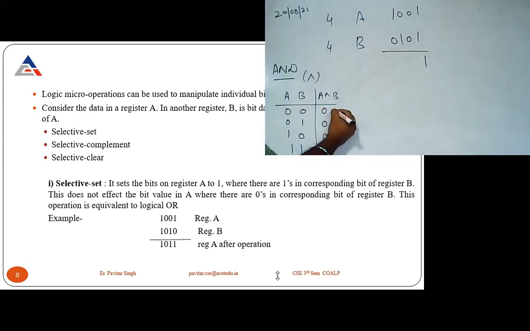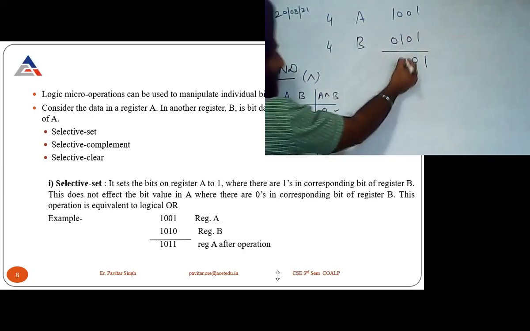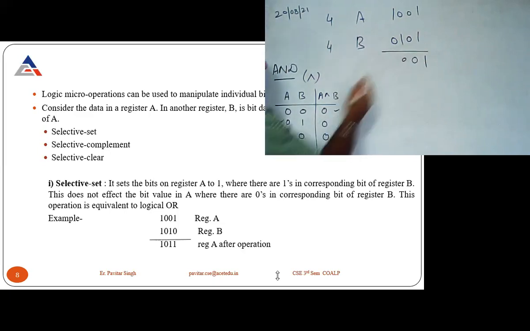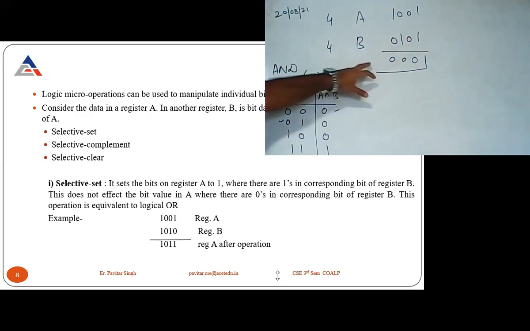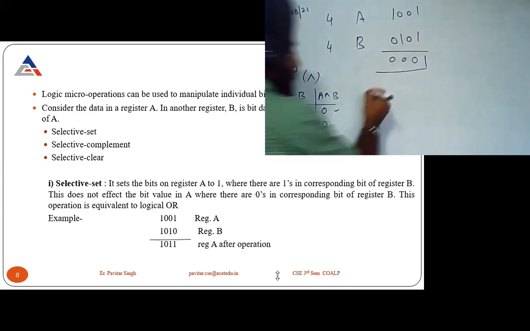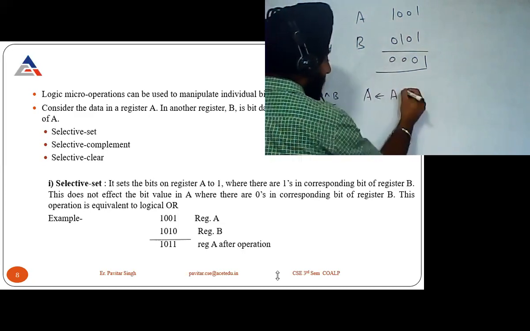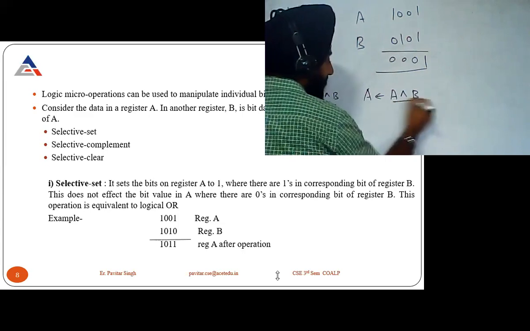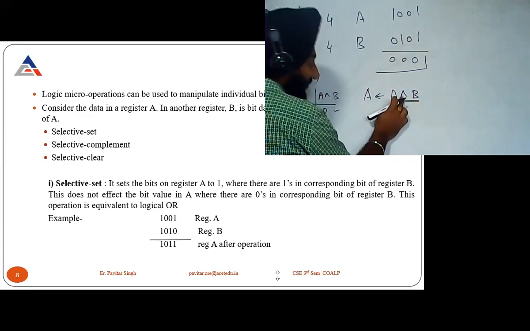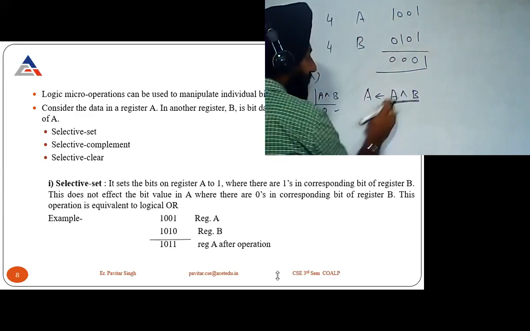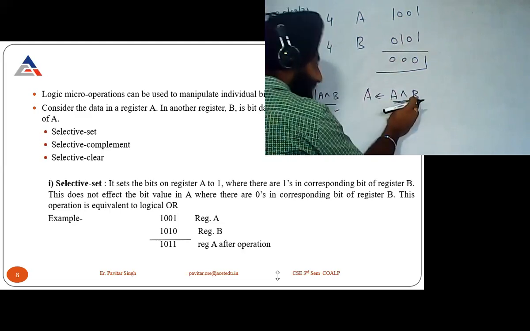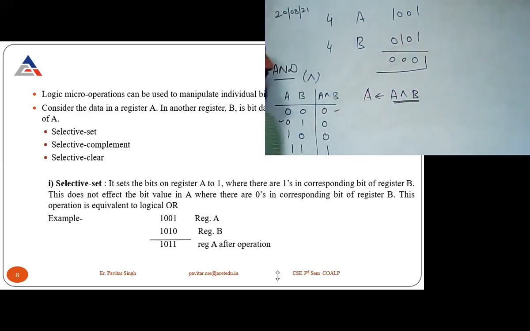For 0 0 you have 0. For 0 1 you have 0, and for 1 0 again you have 0. So this will be your answer, which will be stored again in A. It implies A AND B: an AND micro operation is performed between the A register and the B register, and your answer is stored into the A register as well.